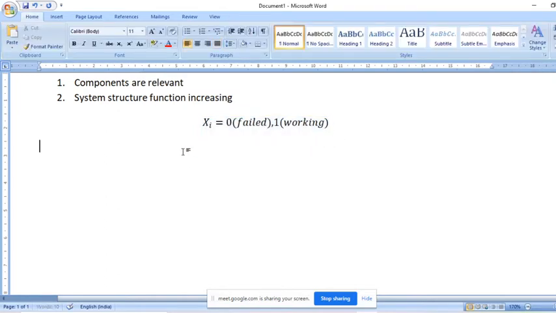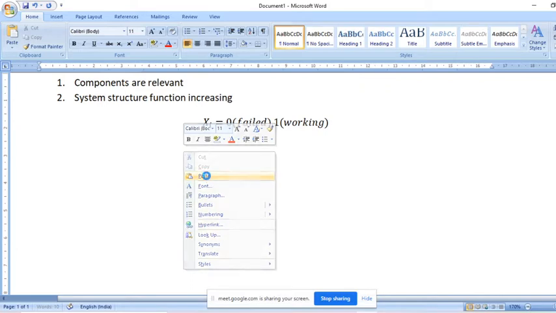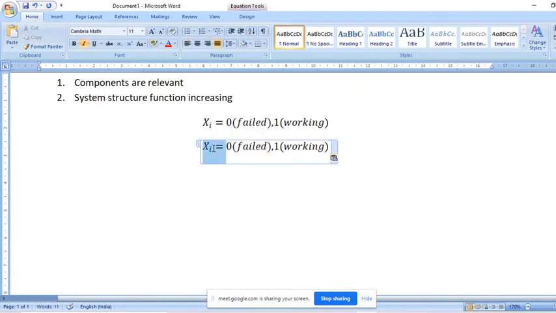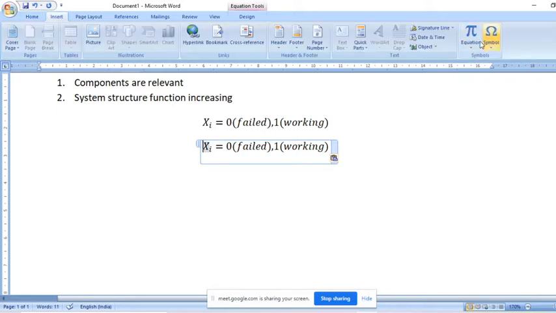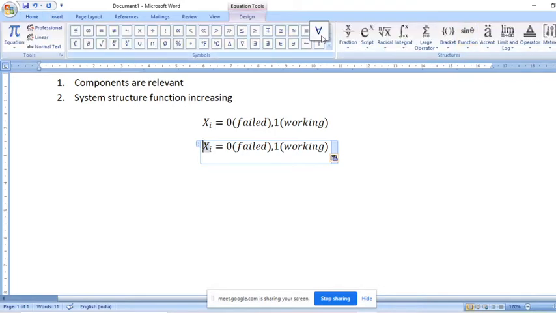So what will be the values? The system structure can be represented as phi of x1, x2, x3, up to xn.